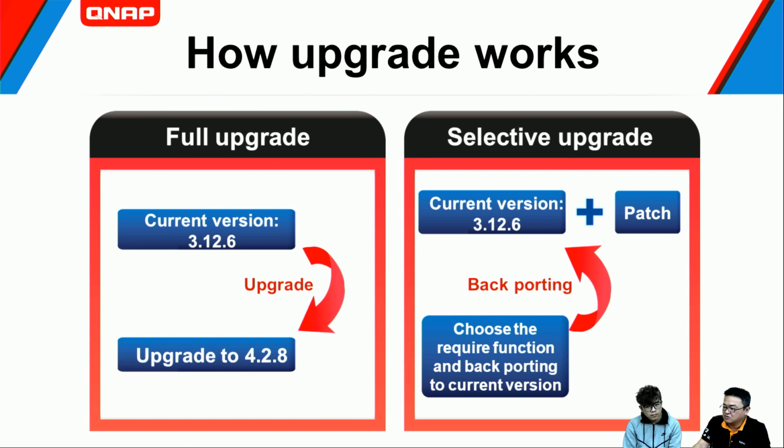Sometimes we need to let that driver run on 3.12. We need to run backporting so this hardware can run on our current version. And for some current versions, we also do patching, because they keep releasing new patches for security reasons or for performance tuning. Then we also do patching for the current version.